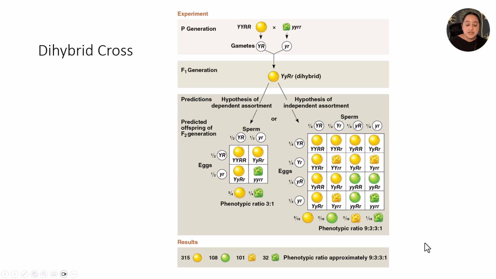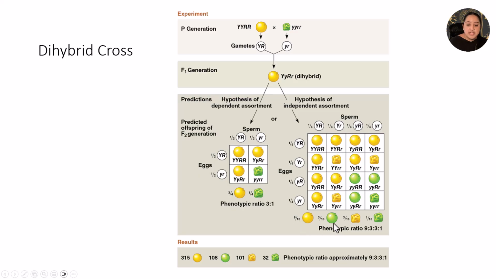So what he found here was not 3-to-1. It was actually 9-to-3-to-3-to-1. So each of these is a different phenotype. If you add up all the different genotypes that end up looking yellow and smooth, he got 9.